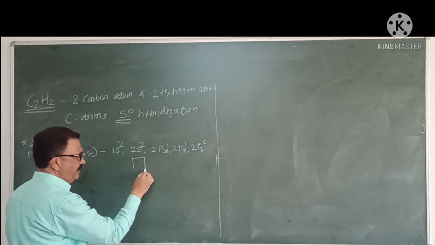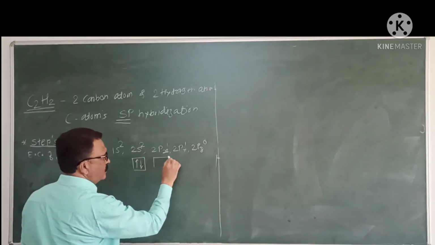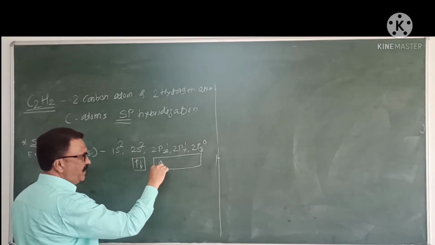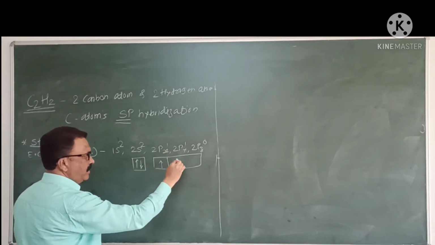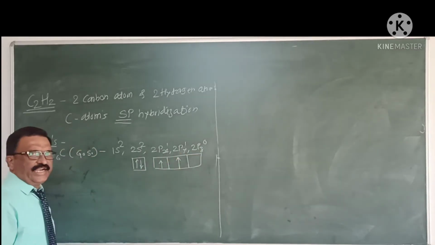Orbital box diagram: 2s2, one box represents one orbital, 2px1, then 2py1 and 2pz0.